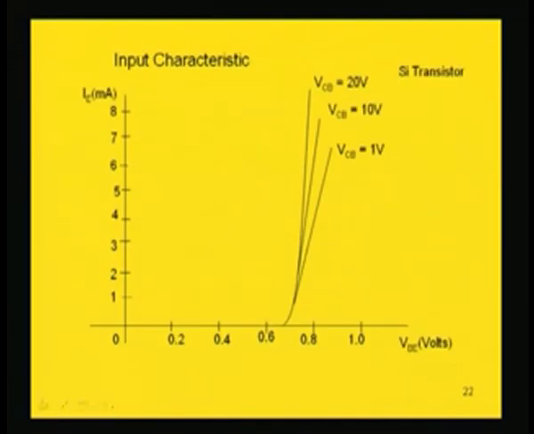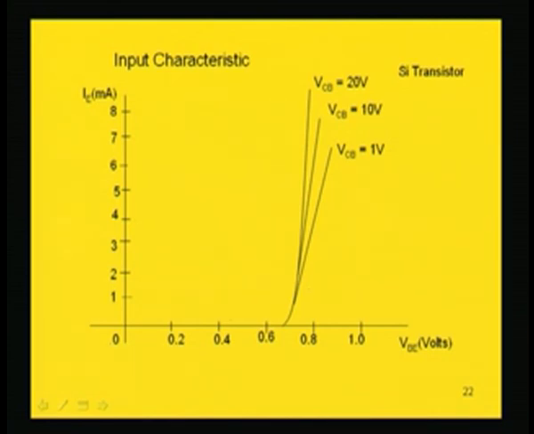As you recall, in a diode we have seen explicitly that up to around 0.7 volt in silicon, the current flowing in the diode will be practically 0, and after overcoming the threshold voltage, the current will rise sharply. That is followed here.